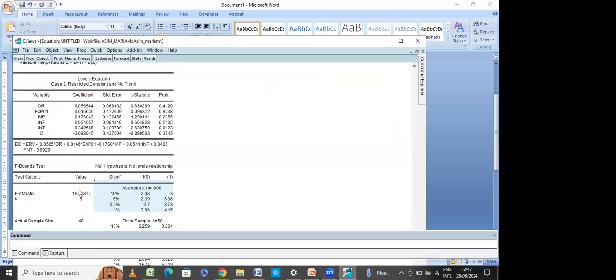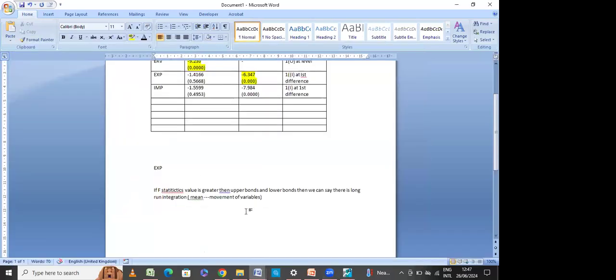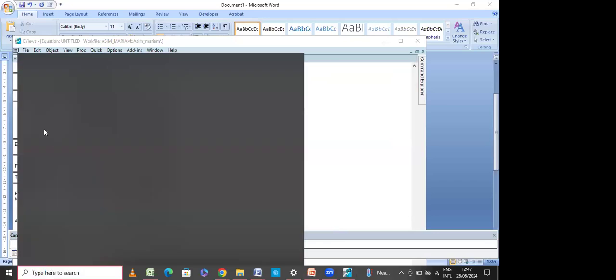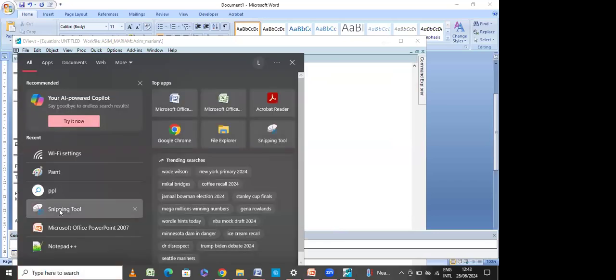So let's go again here. I have the F statistics 16.42, and the upper bound and lower bound. Let me take screenshots for you and then I will put them over here.